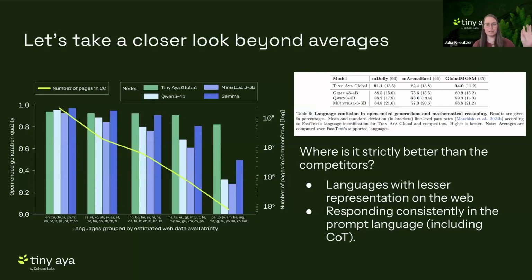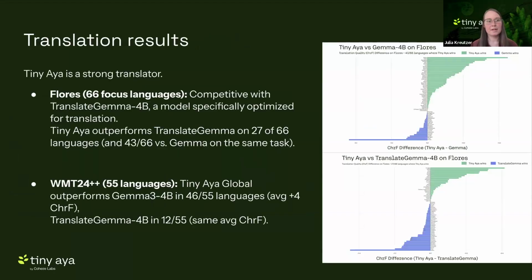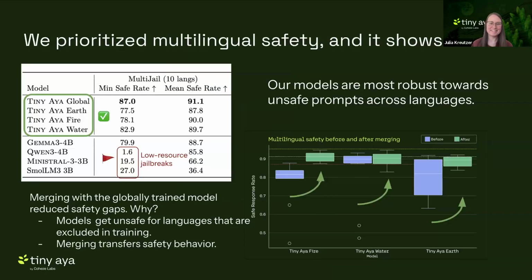As I said, the standard deviation: if you order these languages by resources according to their presence on the internet, you can see a steep drop for most competitors. We remain relatively stable. And translation, again, I will brush over these a little bit, is very strong, also compared to specialized translation models.